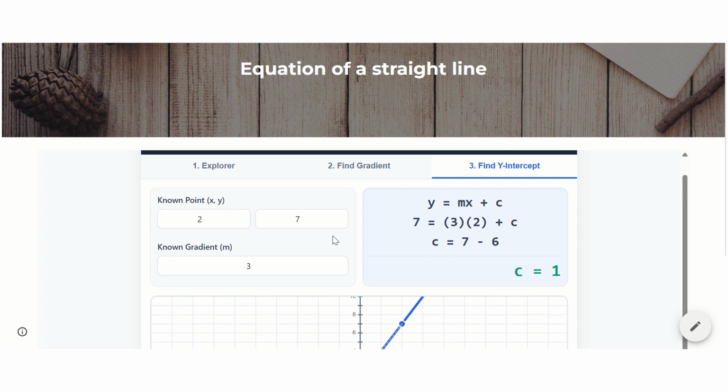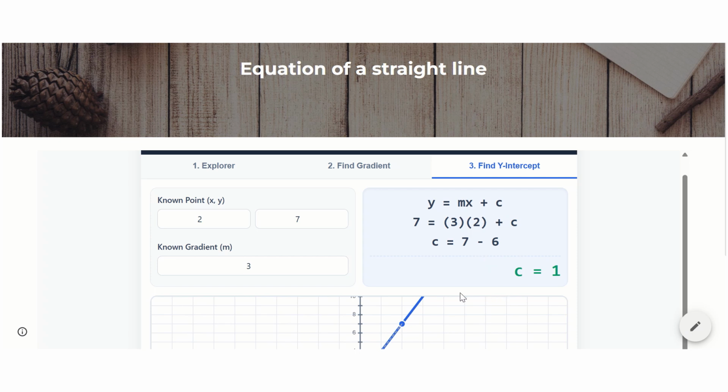So what we're going to do is substitute y to be 7, x to be 2, the gradient to be 3, into y equals to mx plus c. You have 7 equals to 3 times 2, 6 plus c. So minus 6 on both sides, you get c equals to 1.